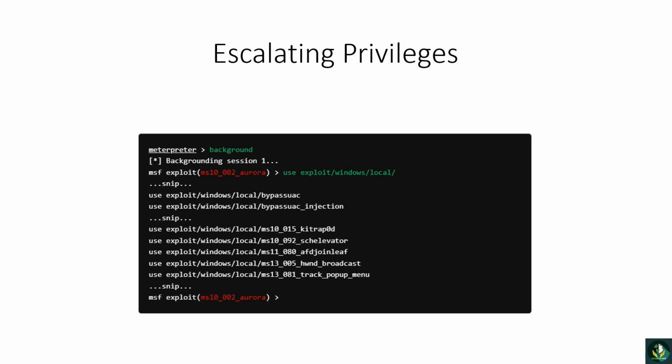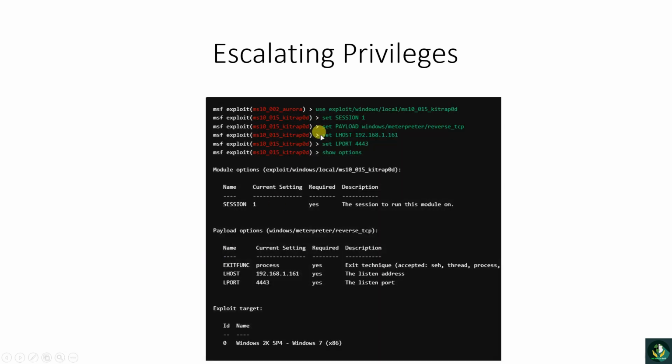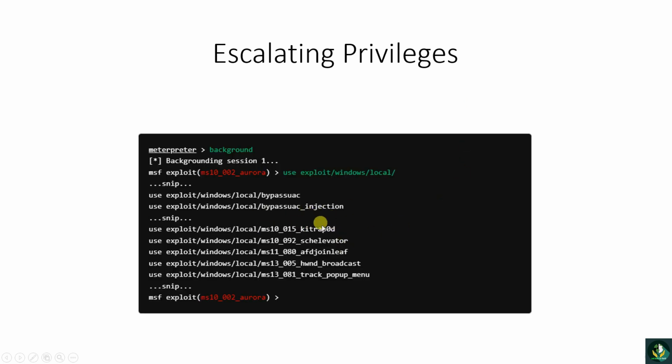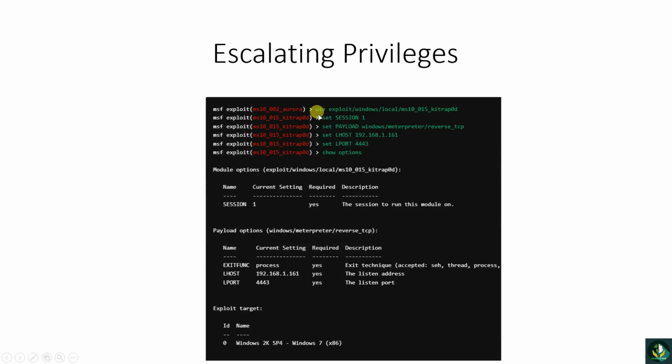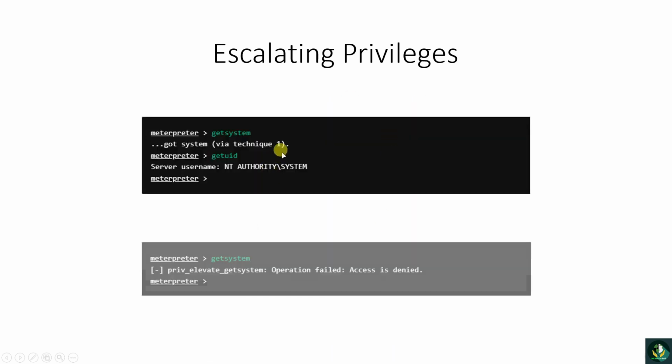After that, what you need to do is simply use that vulnerability, or use this exploit. Just type this one. After this, you need to select session 1 that we previously saw.